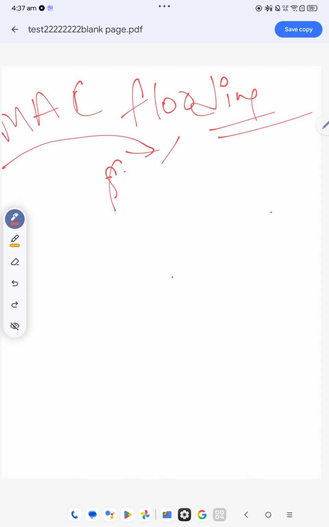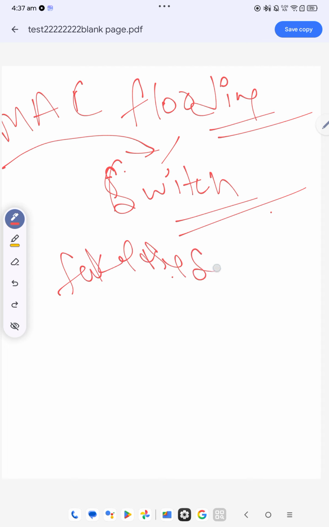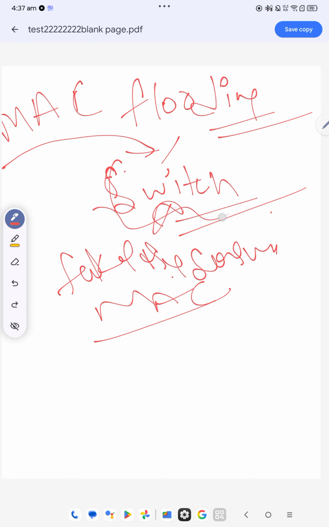You flood the switch with fake source IP and fake source MAC addresses, forcing it to fail open, where it broadcasts everything. Someone floods the switch with many faked MAC addresses so that it may fail, forcing it to fail open. This is MAC flooding.